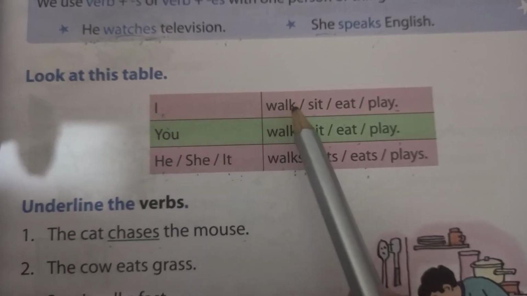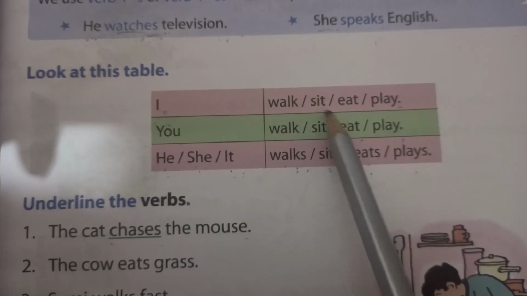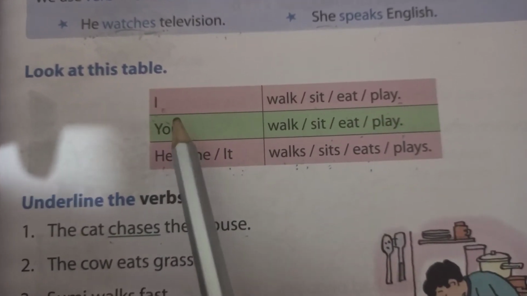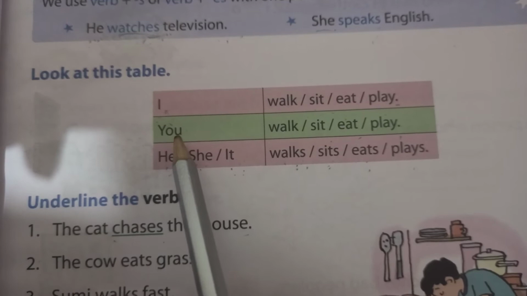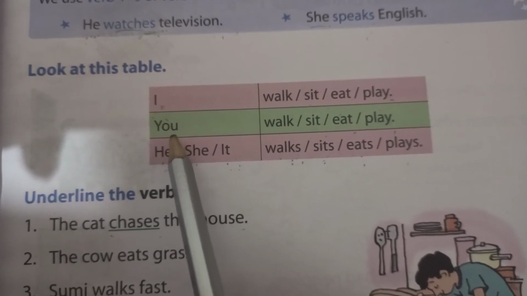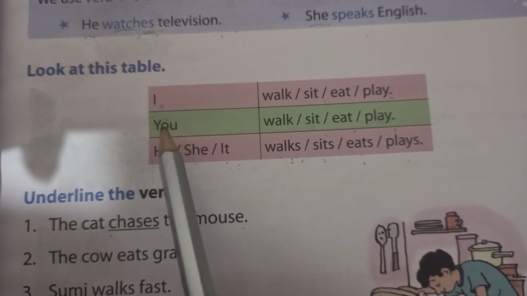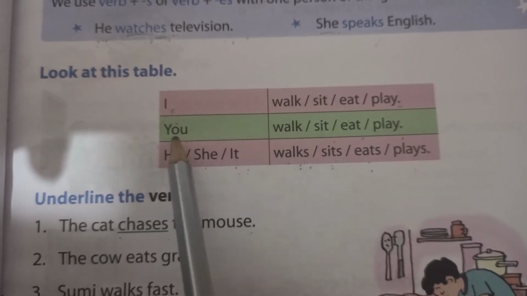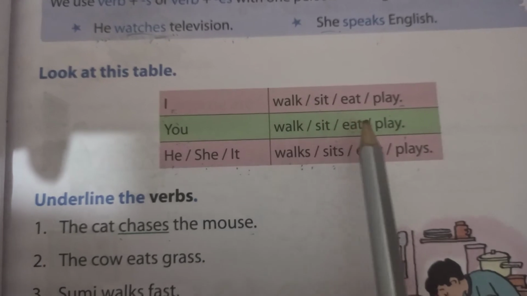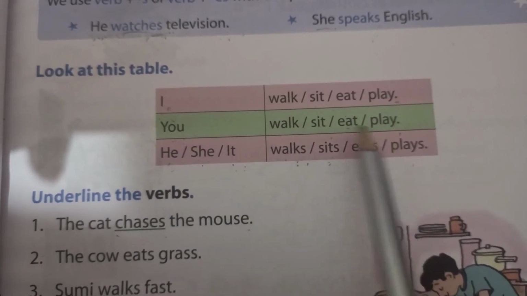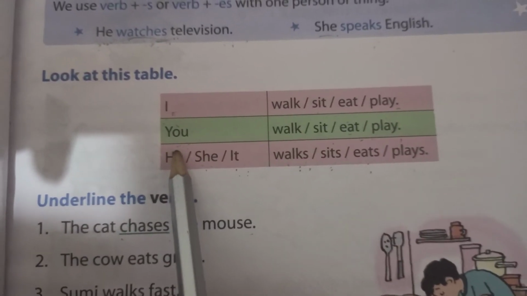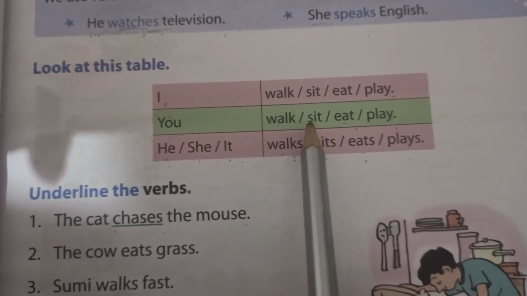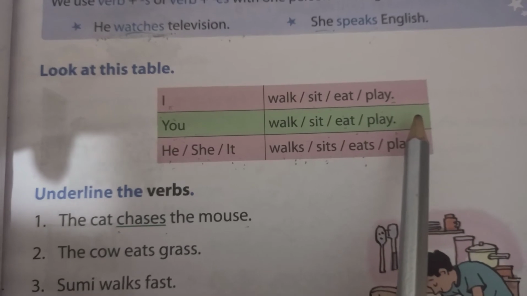So it is I walk, I sit, I eat and I play. Now the next one, you. Here the word you is also a plural noun. So with plural nouns you can write you walk, you sit, you eat and you play. Here we won't use s or es at the end of the verb.